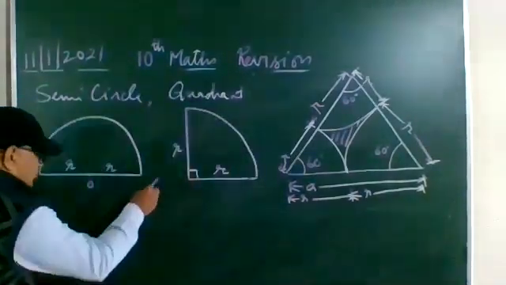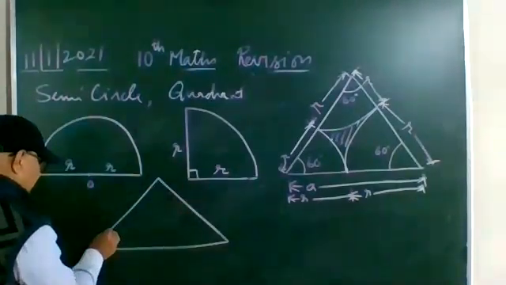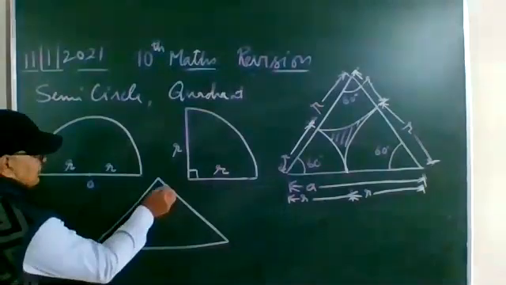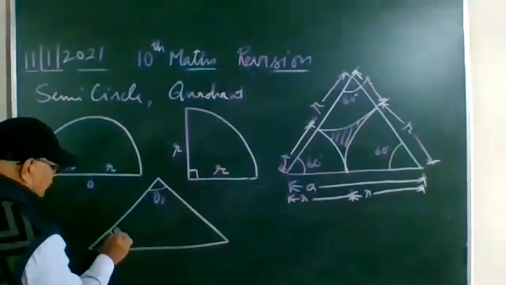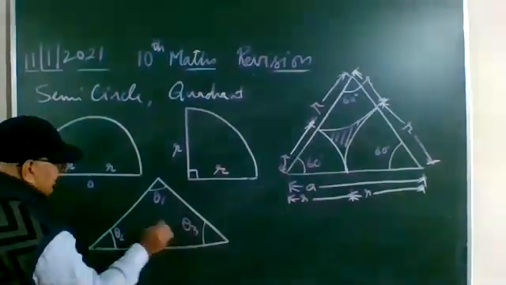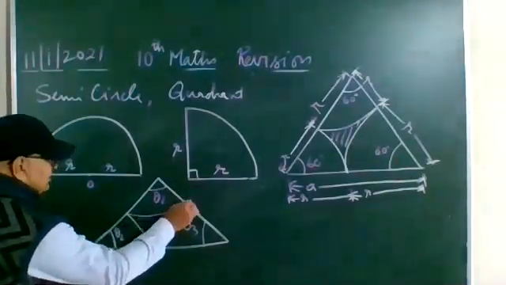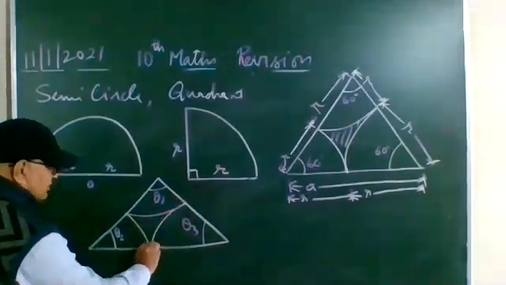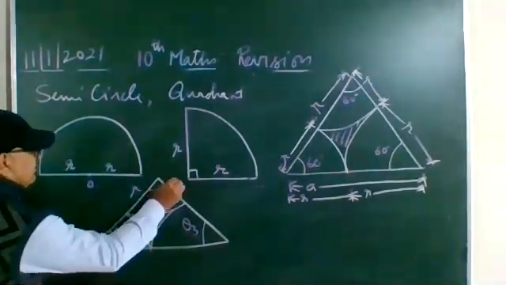You can take it like this also. This is theta 1, this is theta 2, and this is theta 3. So this is radius and this is radius. The radius may be the same.